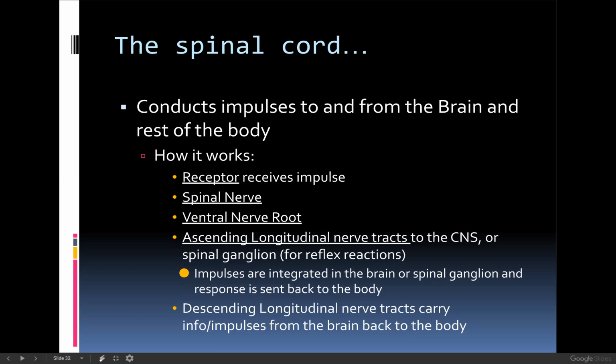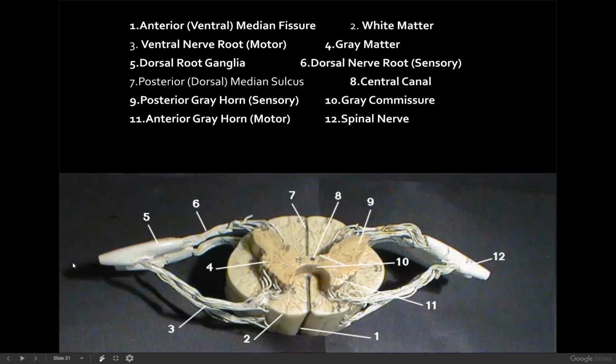Those receptors are going to receive impulses, which are sent up the spinal nerve, through the ventral nerve root, it's integrated and sent up the ascending longitudinal nerve tracts of the spinal cord itself.